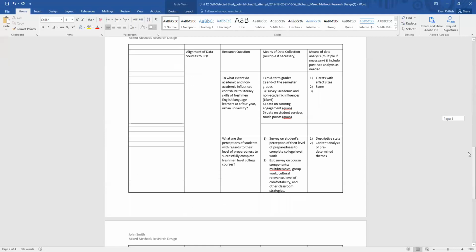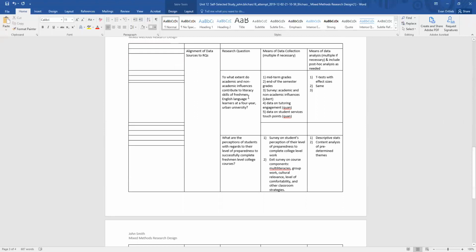If we go further down to align the research questions with the means of data collection and data analysis: to what extent do these influences contribute to literacy skills? Here, how are you going to collect the data, midterm grades? How are you going to analyze those midterm grades, with t-tests and effect sizes? How are you going to do the same for end of the semester grades?